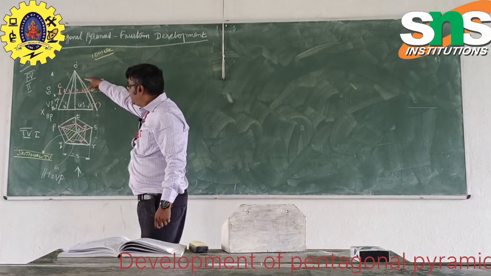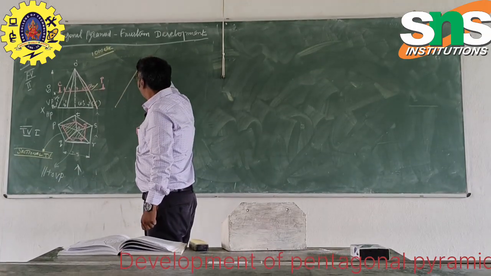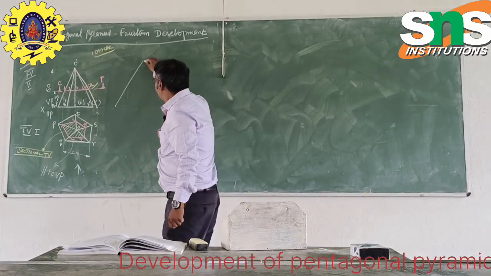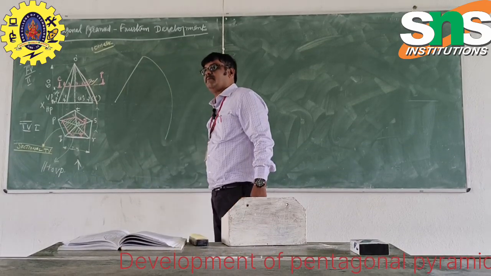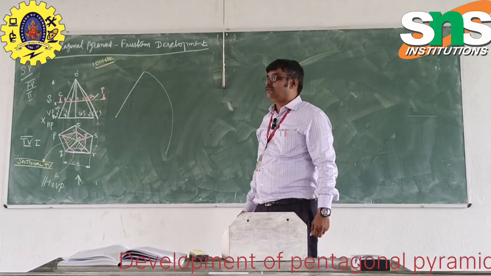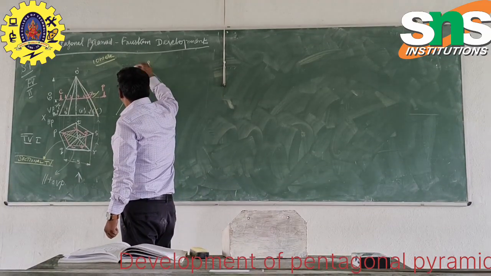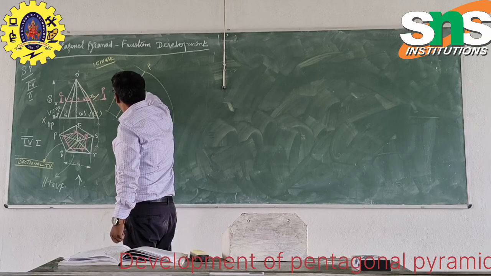So what is the length here? I have to measure. It's more than 60. That measurement I am drawing here. Okay, I am making the arc. Here this point is said to be point P, and this distance is the true length.